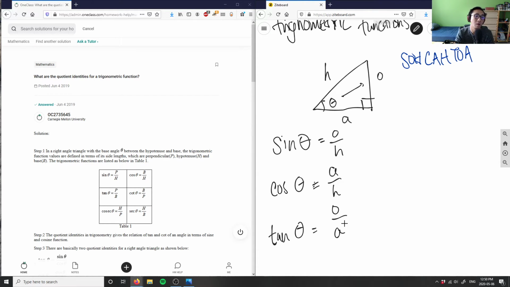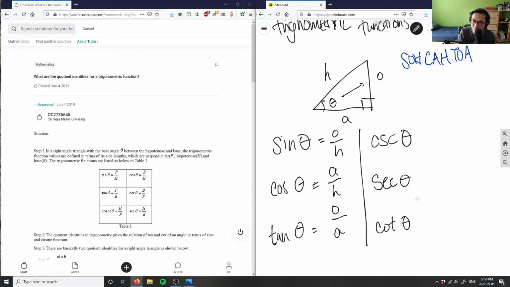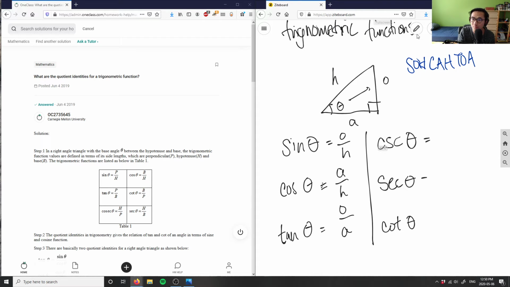We have these functions here, which is great, but we also care about our functions in terms of the reciprocal functions, right? So we care about cosecant theta, secant theta, and cotangent theta, right? And these are simply the reciprocal trigonometric functions.